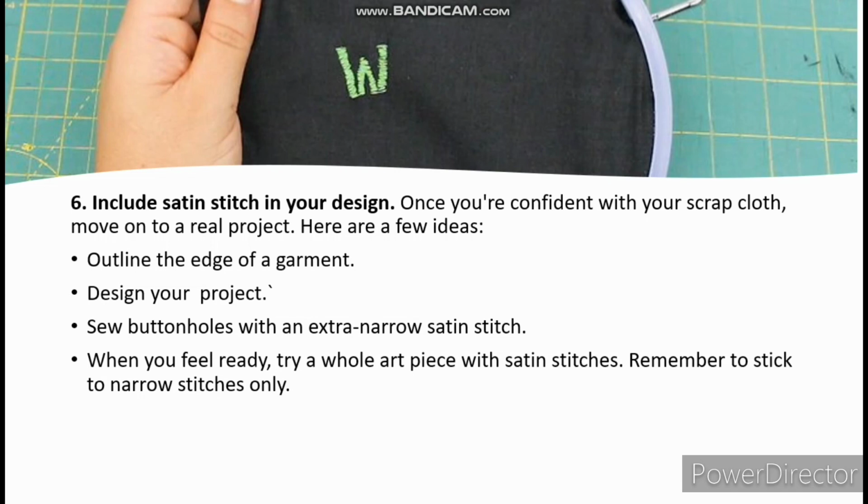We've looked at chain stitches, stem and satin. By next topic, we're going to look at feather stitches, whipped running stitches, herringbone stitches, and we're also going to look at the types and the uses of them.